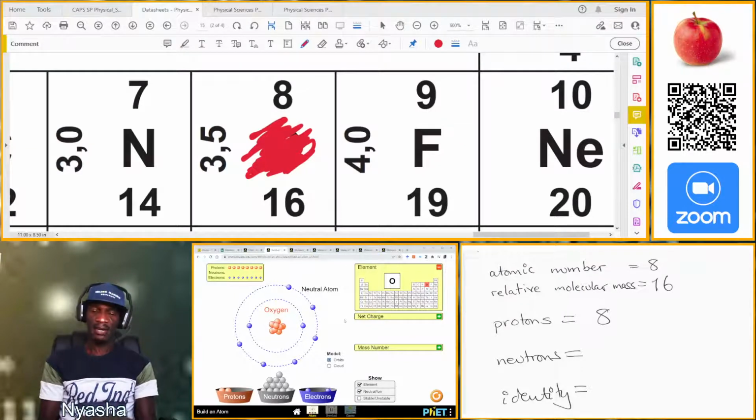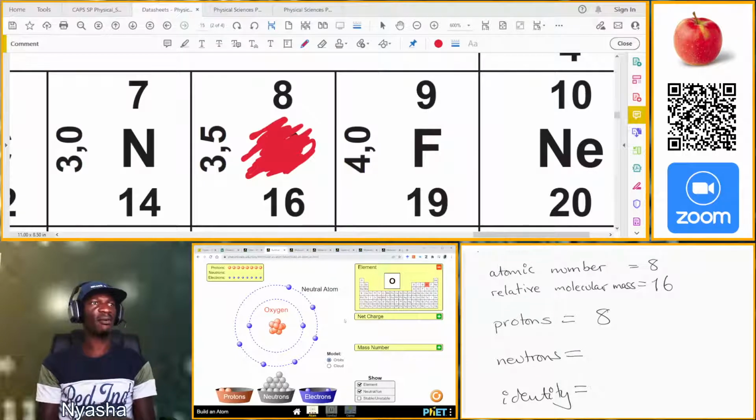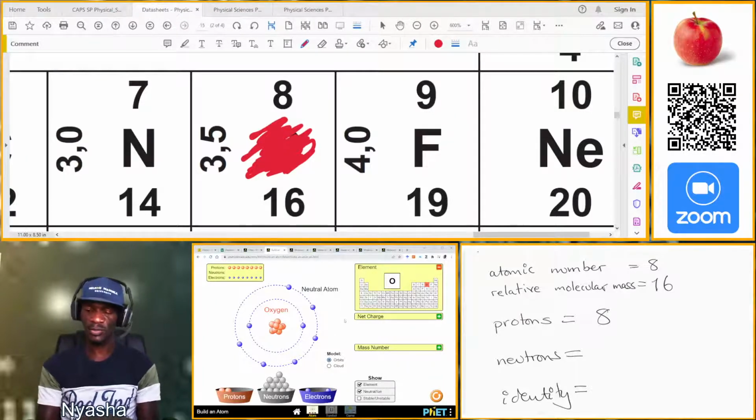Now, how do we find the number of neutrons? Our neutron number must be equal to the relative atomic mass.